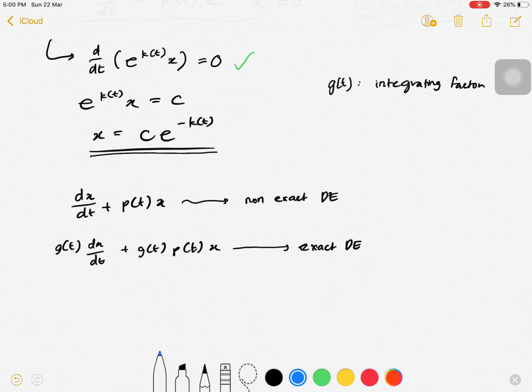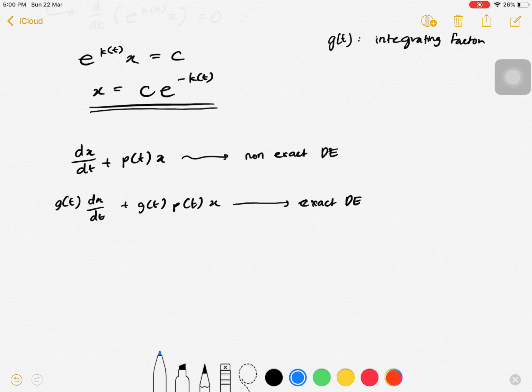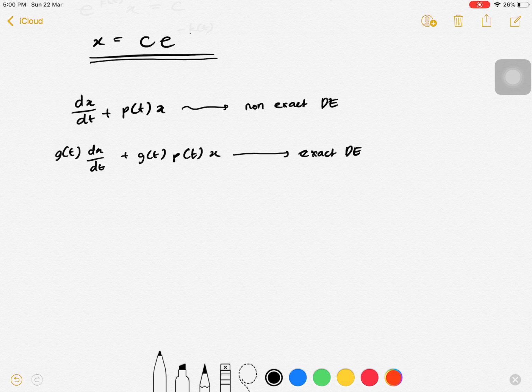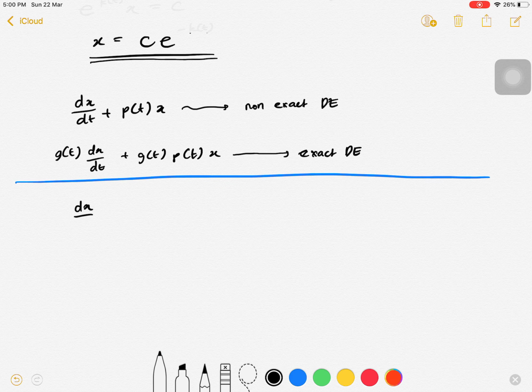So we can include the r right now. So we can write it down. Maybe I make a line. Okay, dx/dt plus p x equal to r(t). Okay, so we just need to multiply with g.